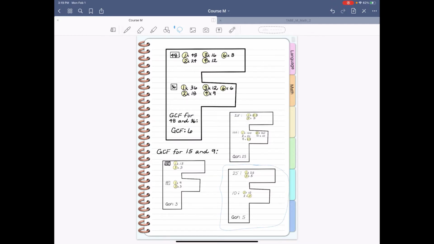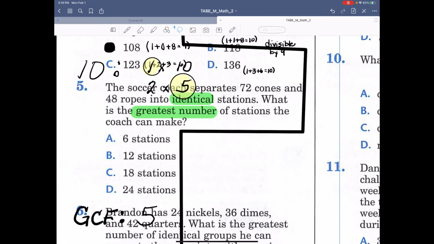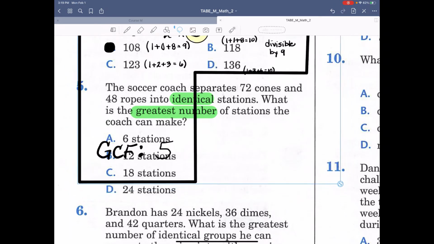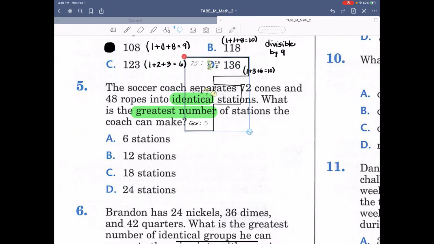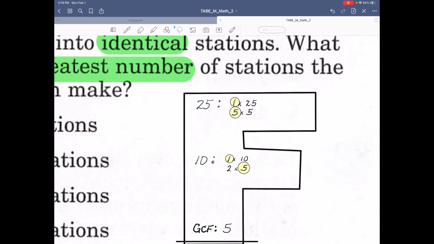So let me bring one of these in just to remind you. I want you to use those memory pieces. You made them for a reason. So use them to help you with this. So greatest common factor.